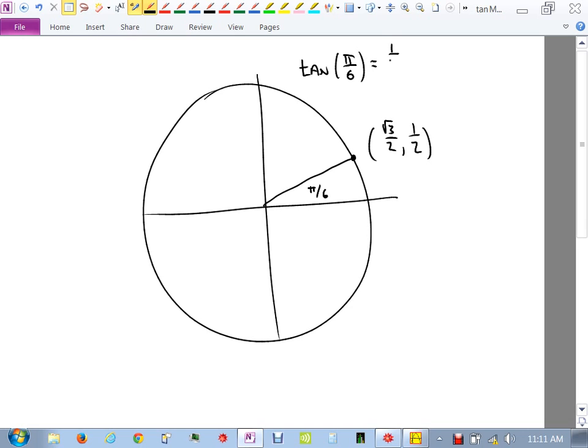It's the y coordinate divided by the x coordinate. Agreed? When you flip and cancel, you get 1 over root 3. So that means tangent of pi over 6 is equal to 1 over root 3, which is the same as root 3 over 3. Right? Now take arctangent on both sides again.